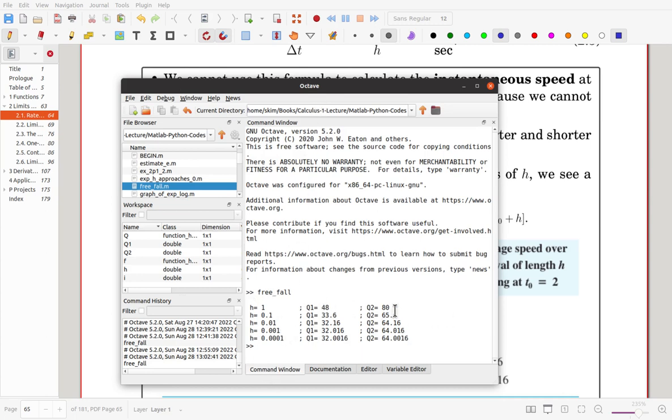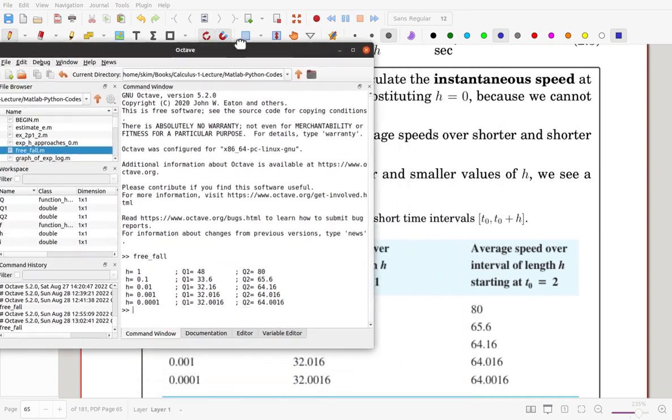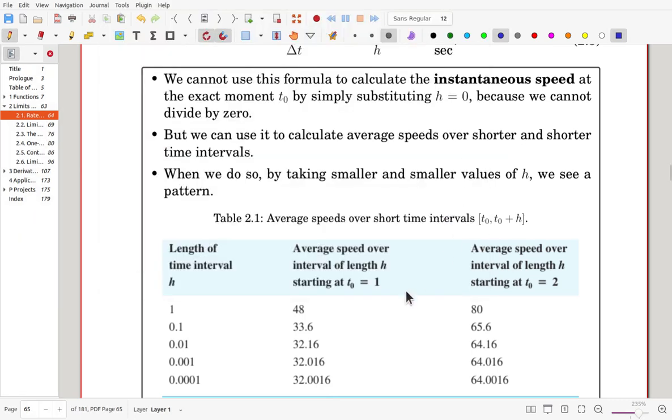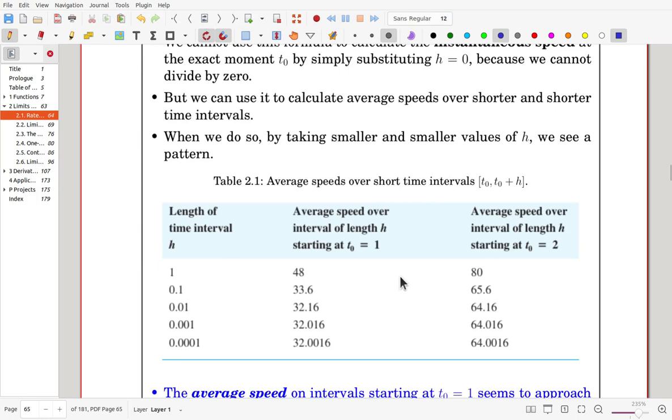As you can see, the result in this lecture note is exactly the same as that computation. In fact, it's copied from that execution. In this way, by using a computer, you can check it.